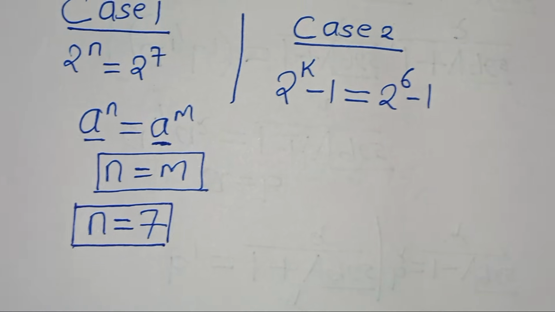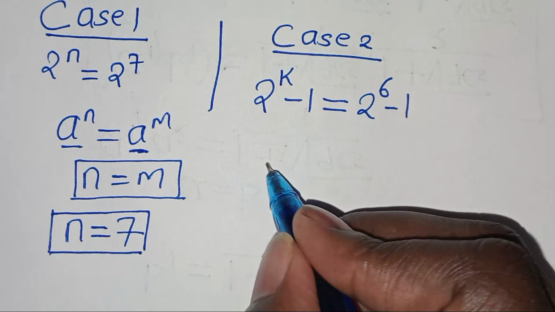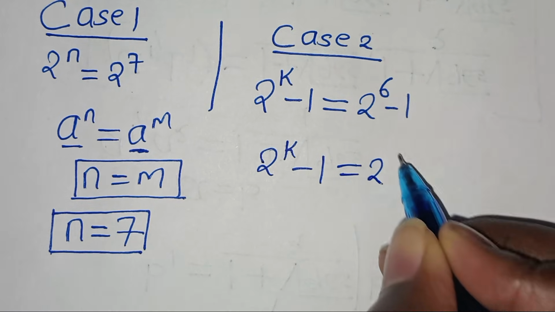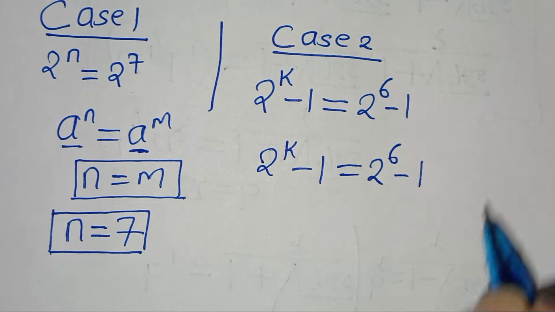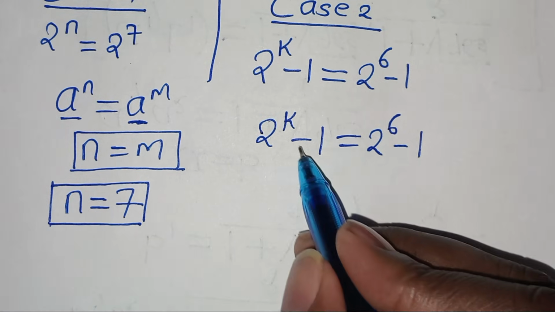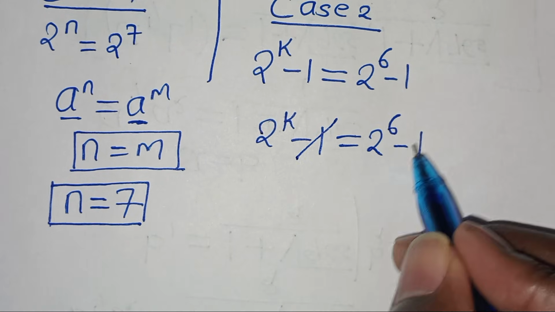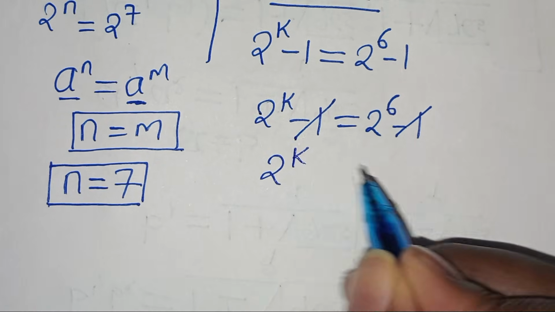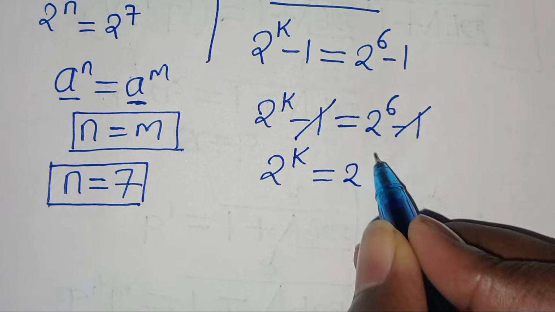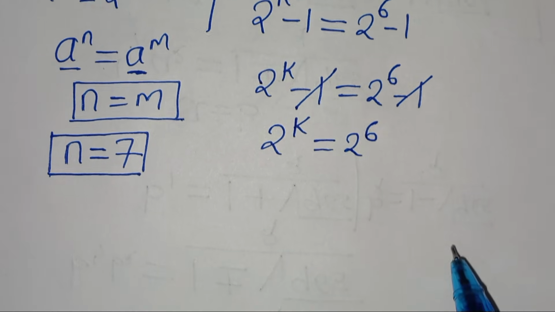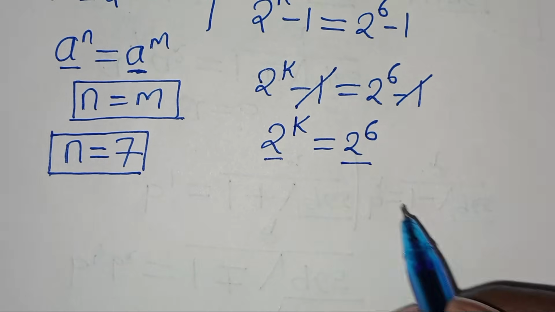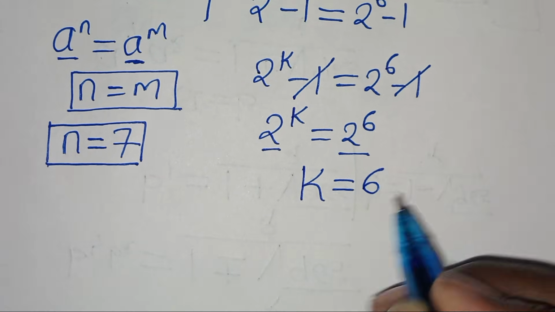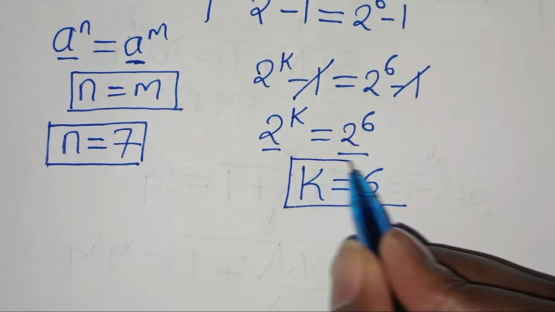Now in case 2 here, we have 2 to the power of k subtract 1 equal to 2 to the power of 6 subtract 1. So we have minus 1 and minus 1 here simplifies. Then we have 2 to the power of k equal to 2 to the power of 6. So this means that the bases are common here, then k is equal to 6.